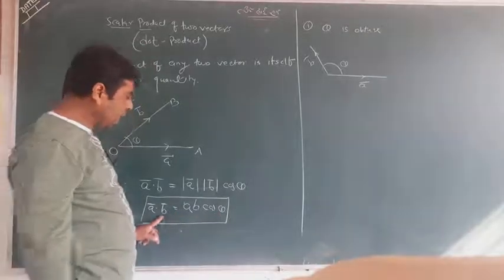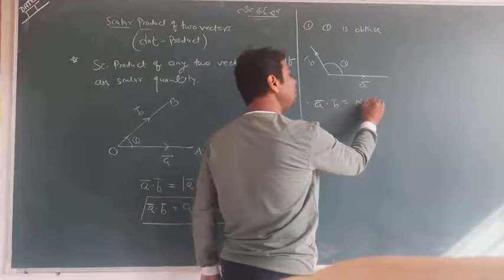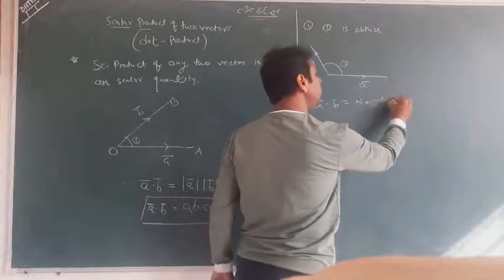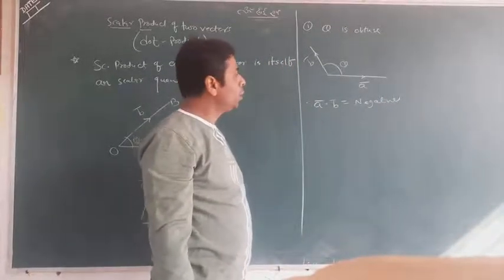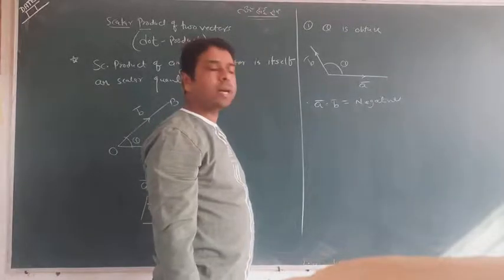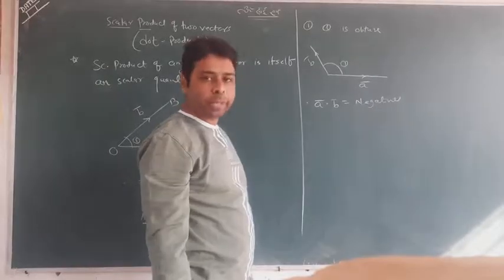So A dot B will be negative. When A and B have an obtuse angle theta between them, A dot B will be negative.